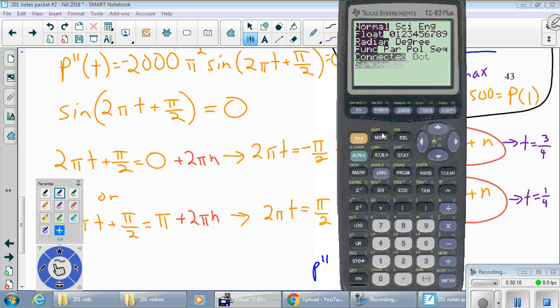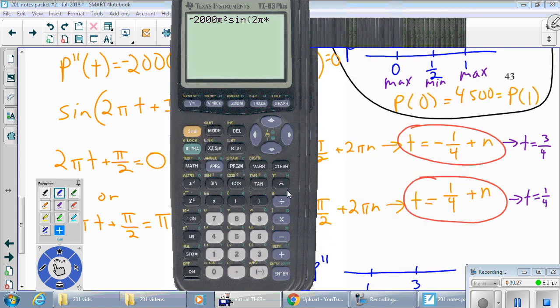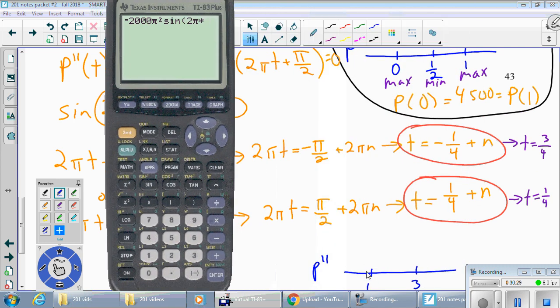Times sine, again, make sure you're in the right mode. We're still in radians, Ruby, 2 pi x. But in this case, we're going to put in a number that's just a little bit less than a quarter. That's 0.25, so how about 0.24? That feels safe. Even 0.2 is good. We just need to make sure we don't get past the negative a quarter, which is the next one over here that we didn't mark. So 0.2 is good there.